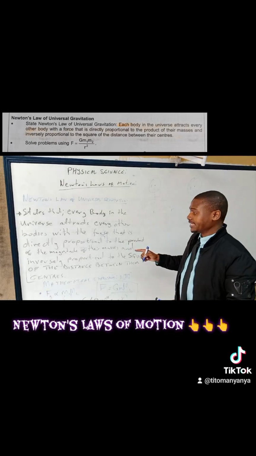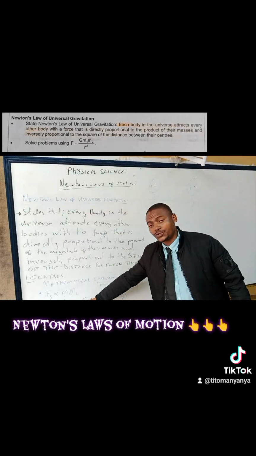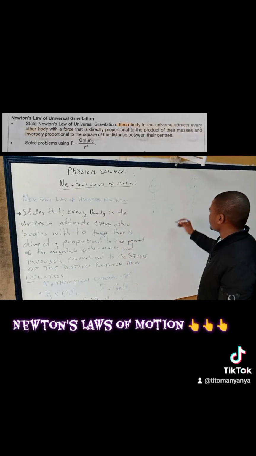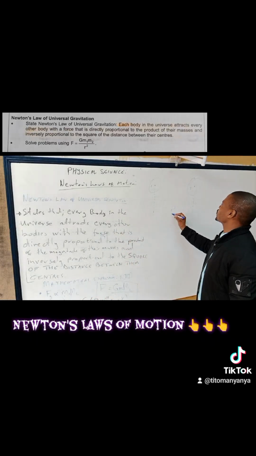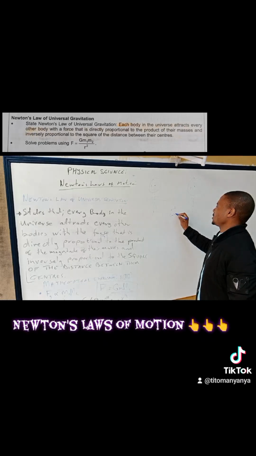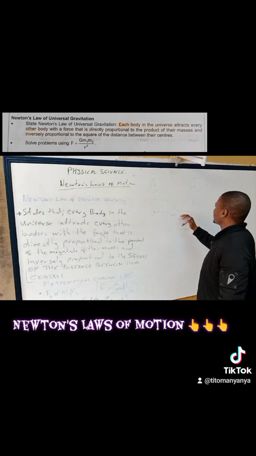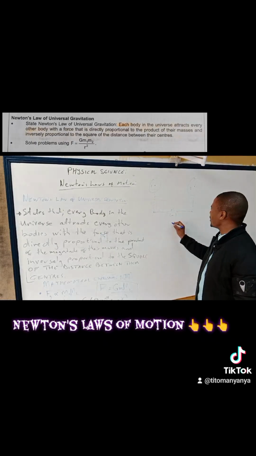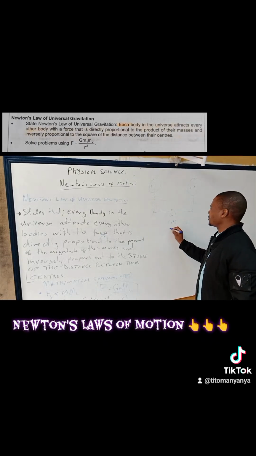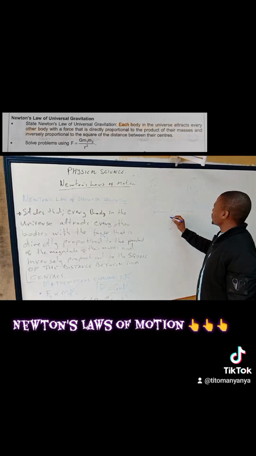That the force of attraction is inversely proportional to the square. So this distance must be squared, and this distance is in meters. So this is distance R in meter squared. But according to the law, remember that it will be squared.